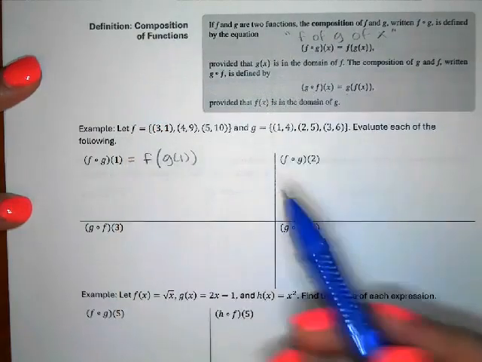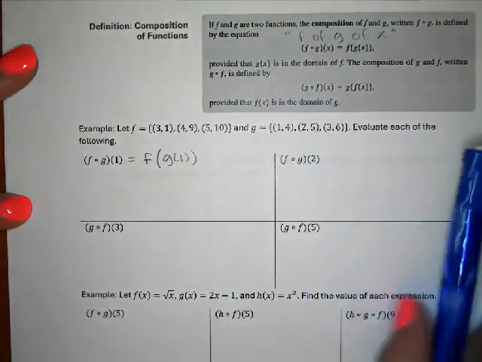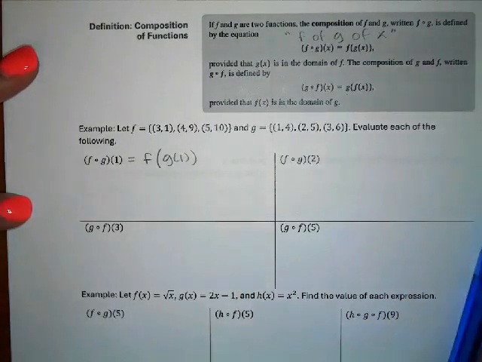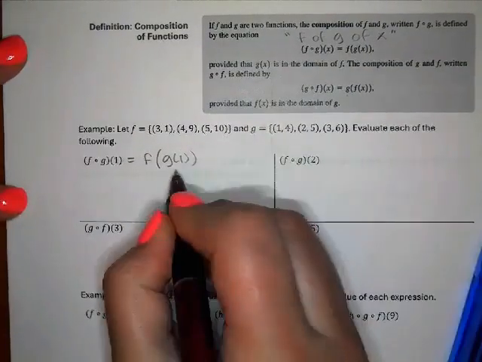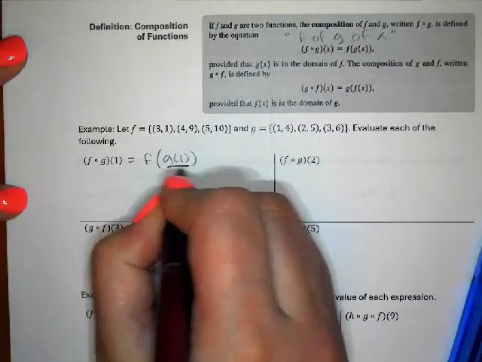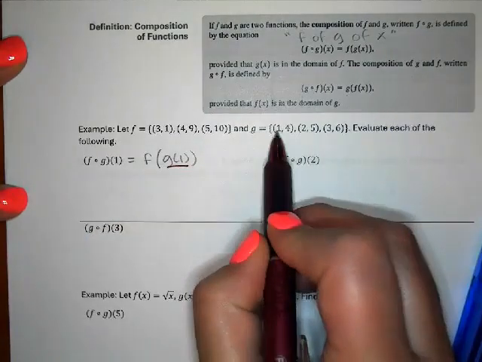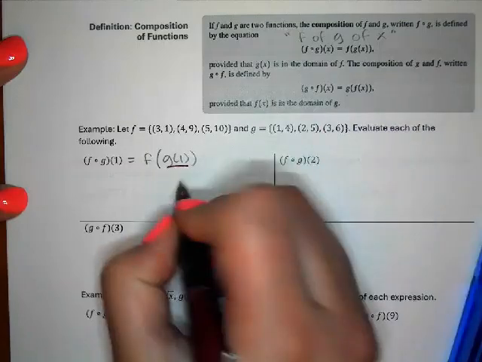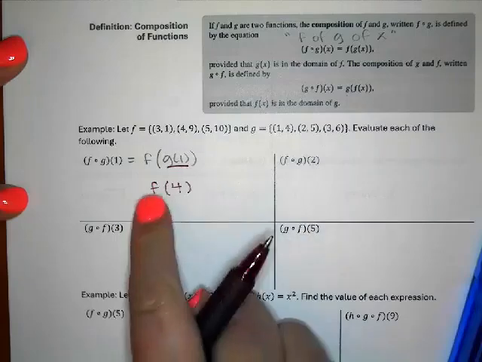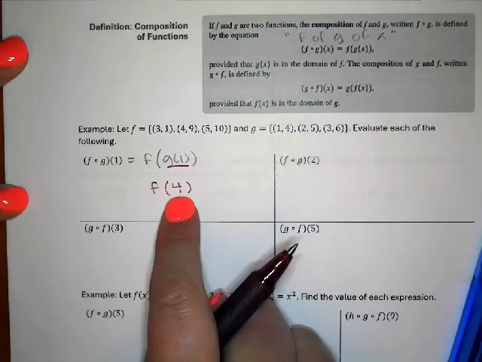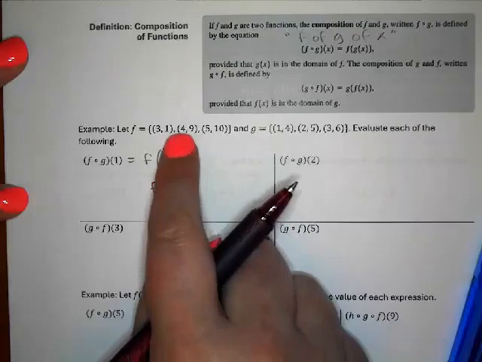So I'm going to use a color when I do this. Okay, so g of 1 is 4. And so now I'm just doing f of 4. F of 4 is 9. And so this result is 9.